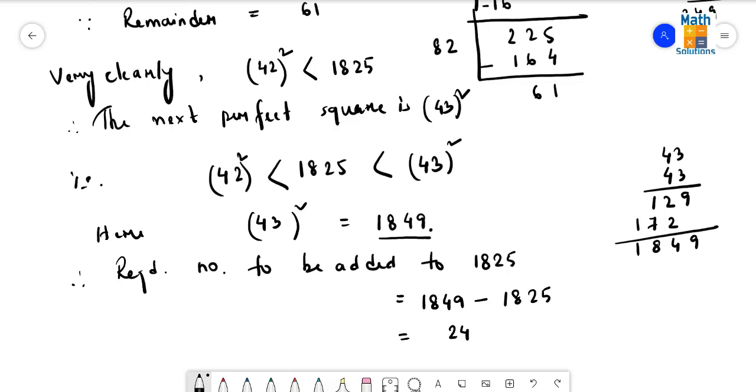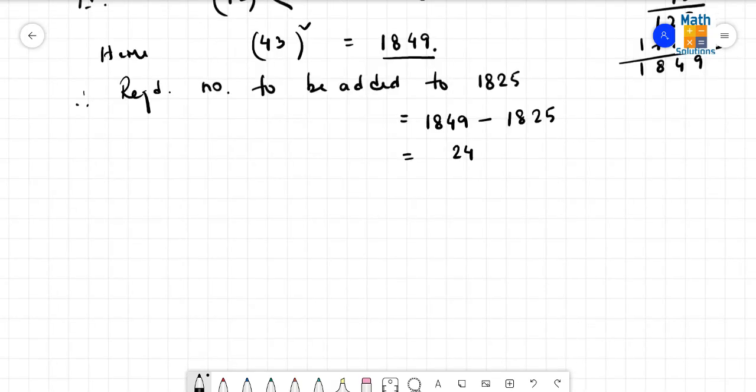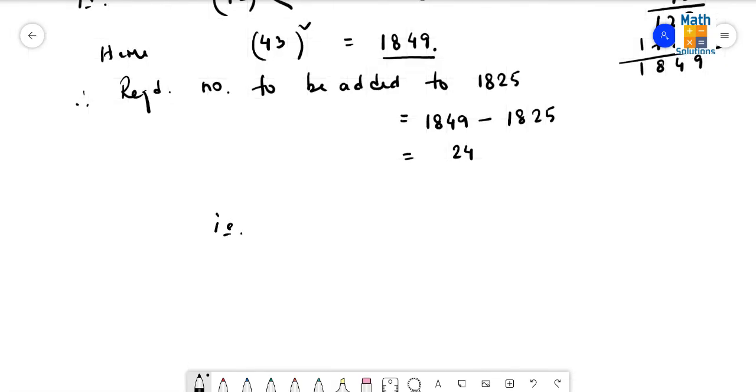24 is to be added, that is 1825 plus 24 is equal to 1849.